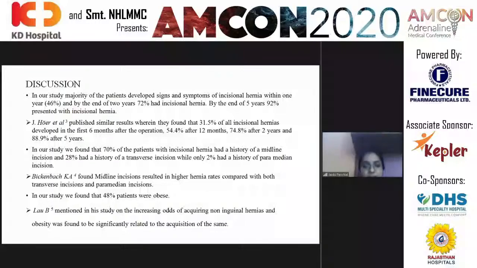In my study, 48% were found obese. A similar study showed increasing chances of acquiring non-inguinal hernias with obesity, which is significantly related to the acquisition of hernia.